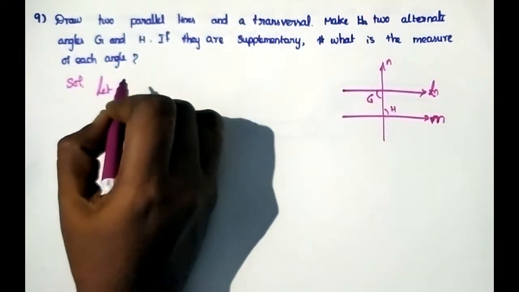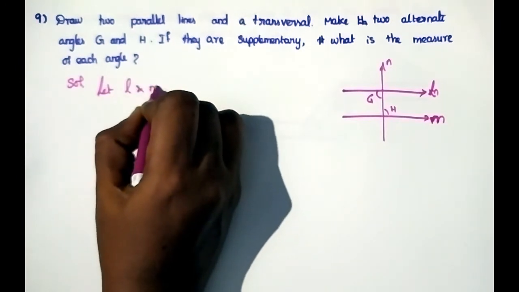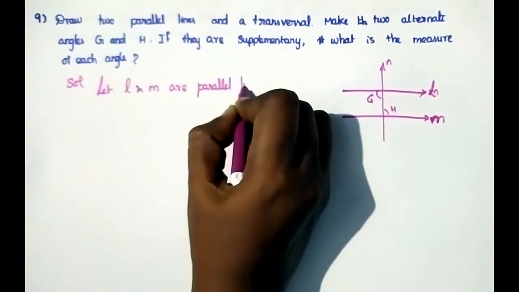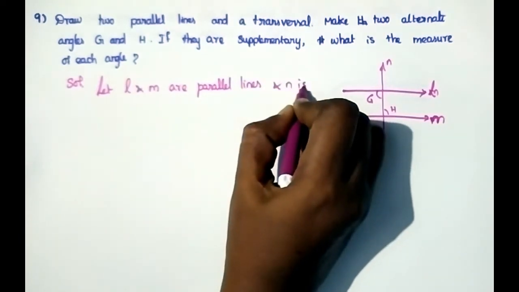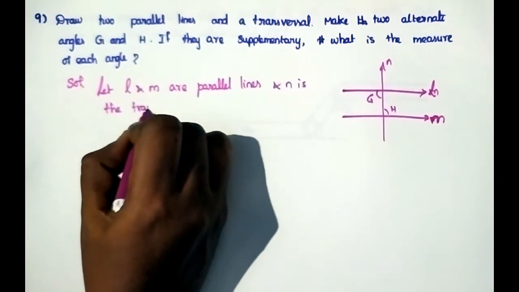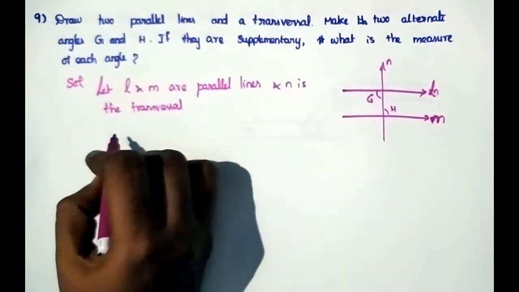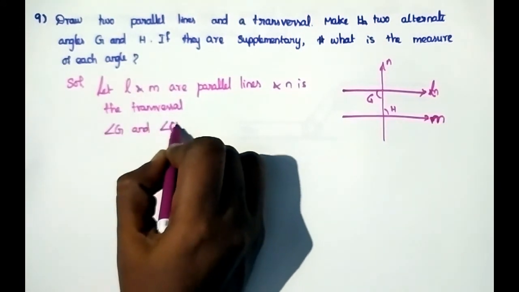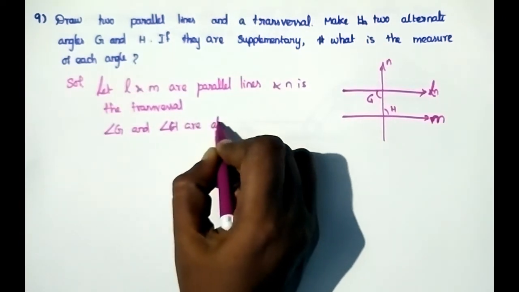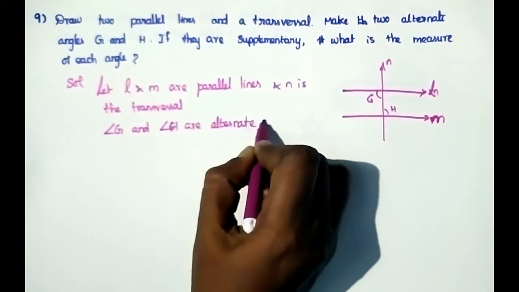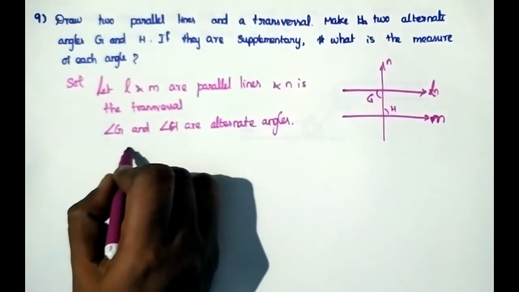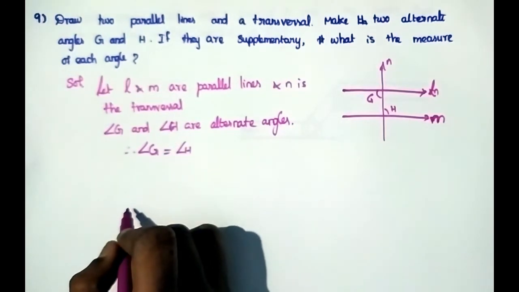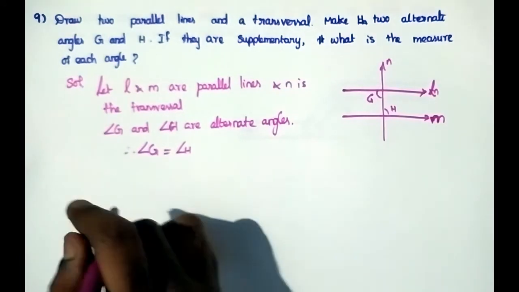Solution. Let L and M be parallel lines and N the transversal. Here angle G and H are alternate angles. Therefore angle G equal to angle H, and also they are supplementary.